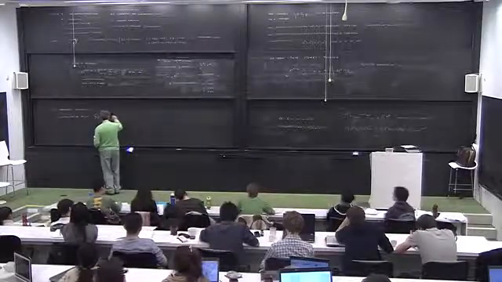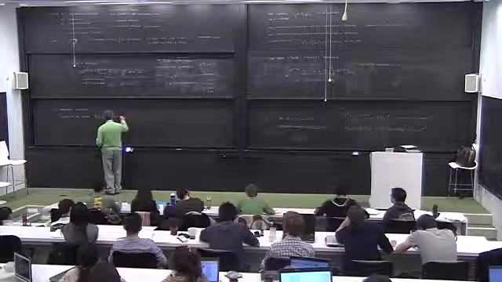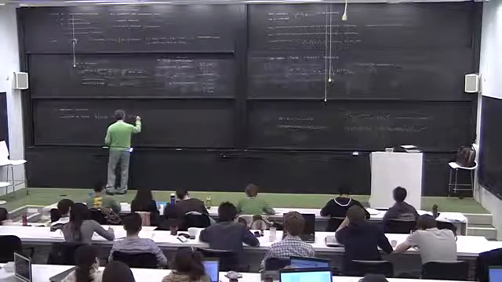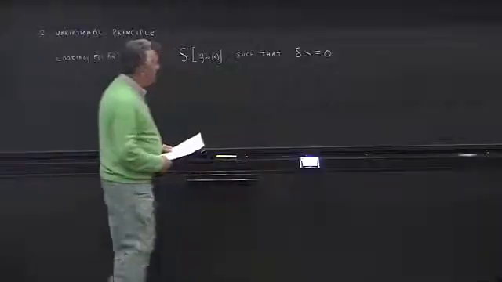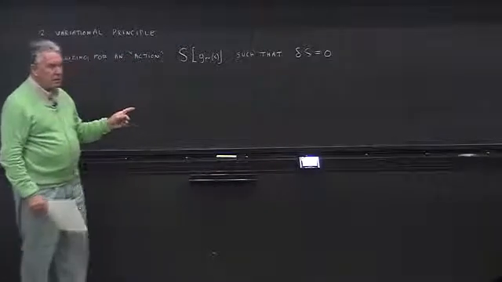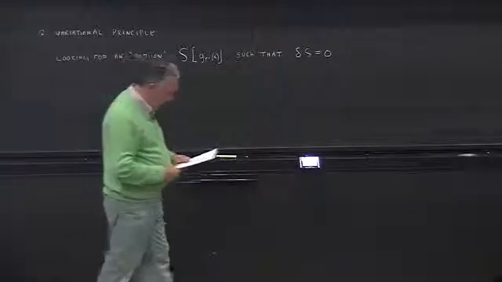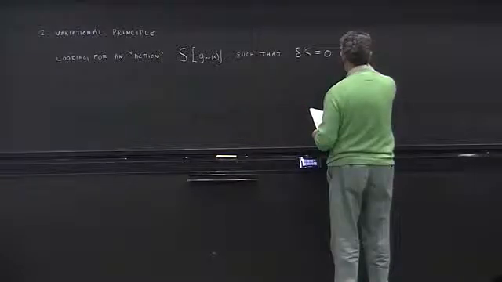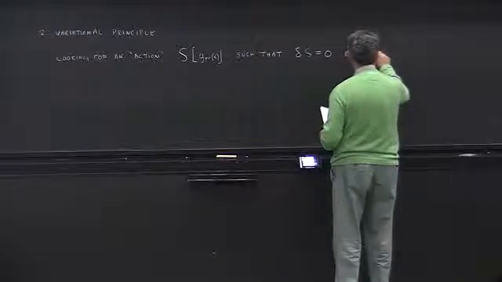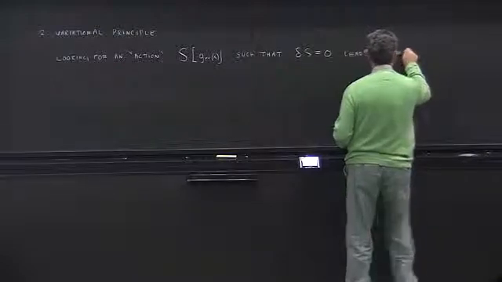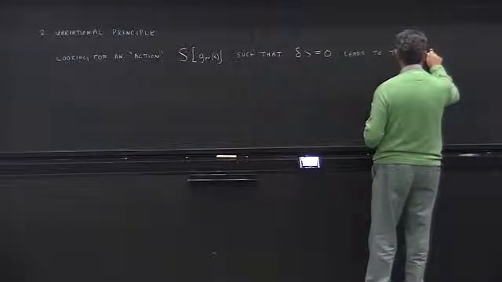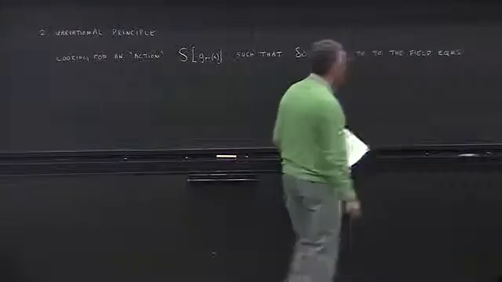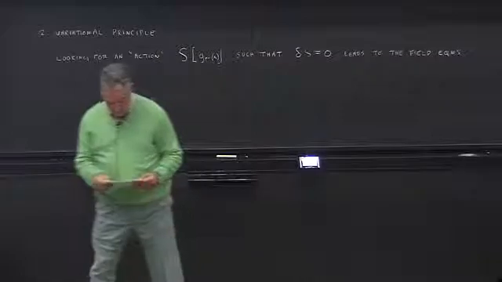But the idea is that if we vary g, the resulting variation in the action is 0. And delta S equals 0 gives us the field equations.